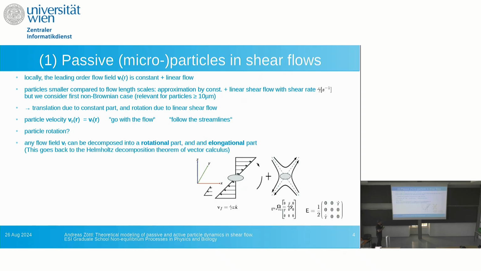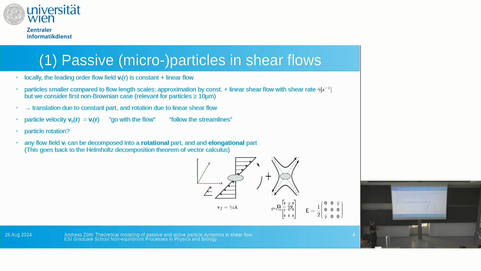And okay, this looks a bit strange. Didn't look strange yesterday, as always. But okay, the thing is, so any flow field you can decompose into a so-called rotational part and an elongational part.